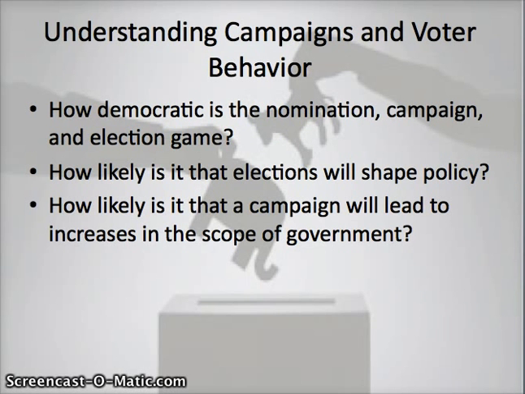So, understanding campaigns and voter behaviors. All right, so we have to ask the question, are nominations and elections democratic enough? And ultimately, how democratic are we against other countries?